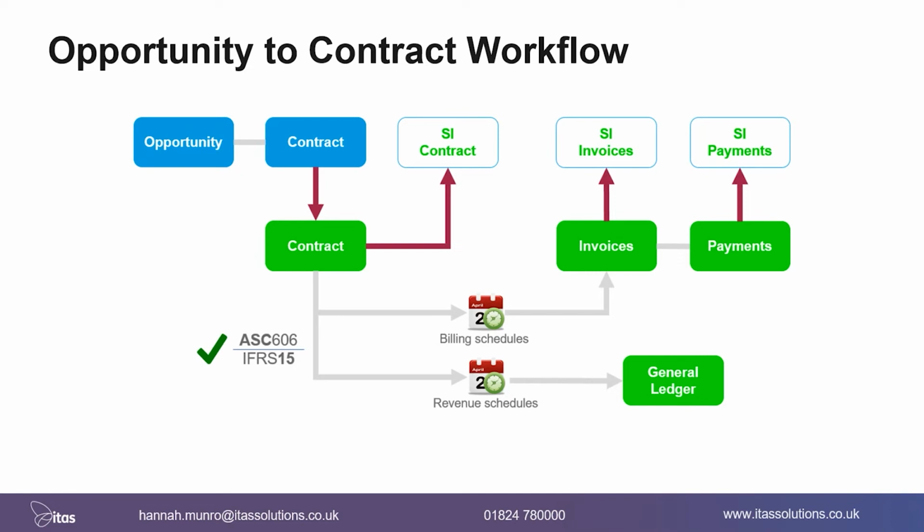Sage Intacct is handling the financial aspect of your contracts, but Salesforce is geared up and synced to manage the sales aspect. So your account managers have all the information they need in terms of what contracts are sitting on that customer. They can see what invoice has been generated and what's been paid, and your sales team can manage, and obviously your account managers may manage the add-ons and renewals as well.